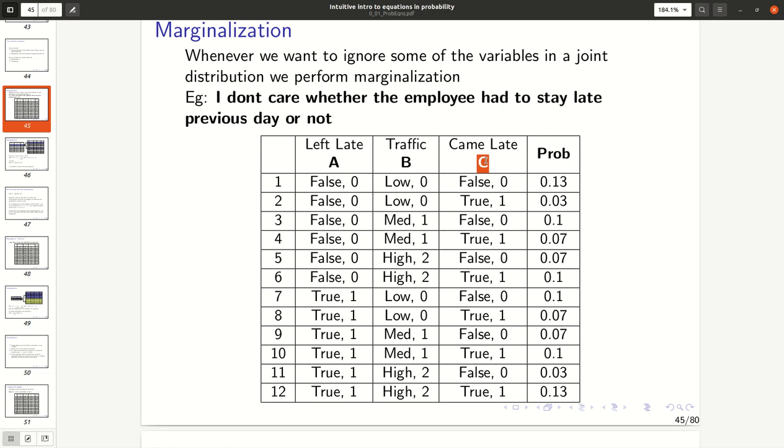He wants to ignore the factor whether the employee had to stay late or not. So we have to remove column A from this distribution. Let's see how to do that.